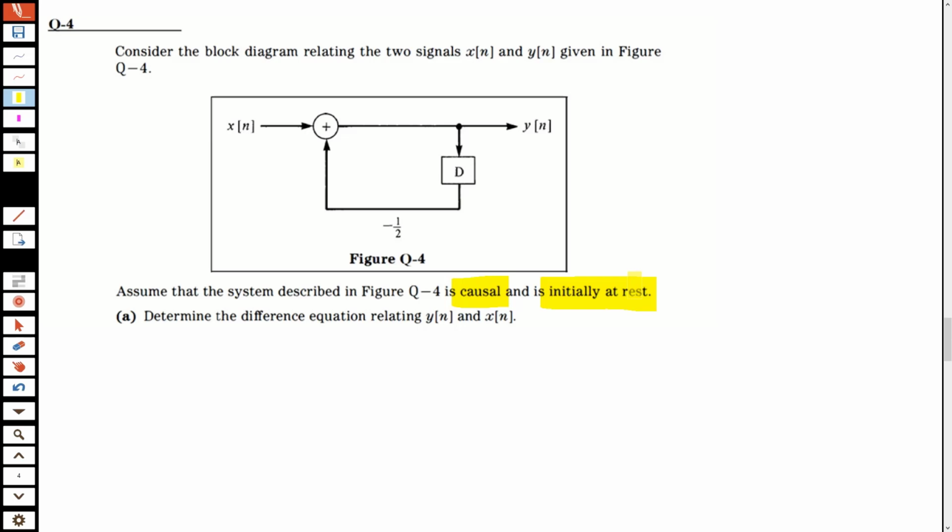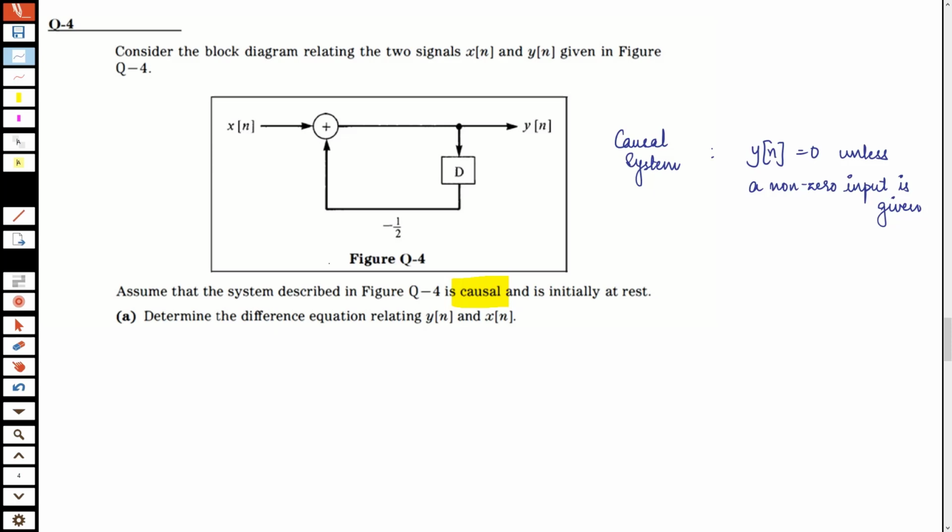So when we say a system is causal, we're basically saying that the output will be 0 unless a non-zero input is applied, right? The name causal itself says that it is cause dependent, like until there is an input, there will be no output, right? Now, given that, we need to determine the difference equation relating y[n] and x[n].